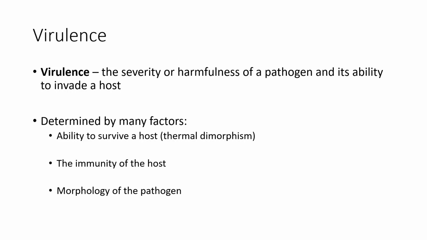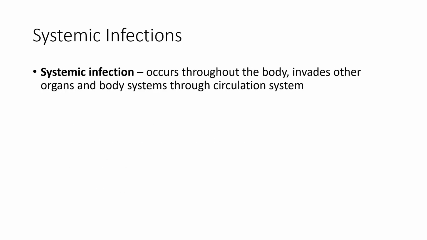So basically, if they have these outside structures on them, they're a little bit better equipped to survive. So these different things help them to cause more harm to the host.